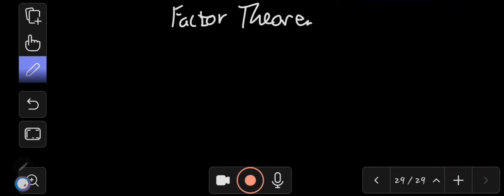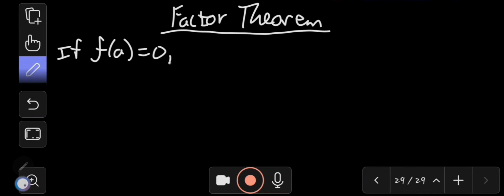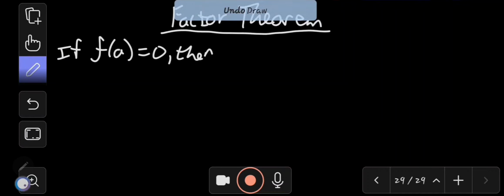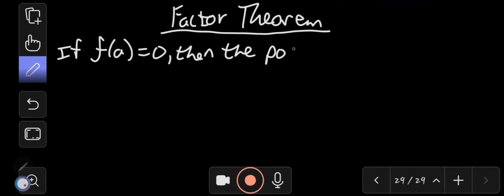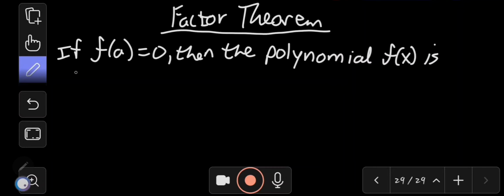So factor theorem. So factor theorem states that if f of a equals 0, then the polynomial f of x is divisible by x minus a.